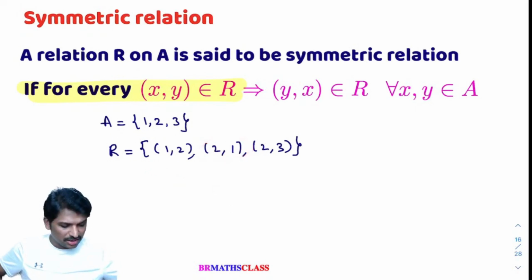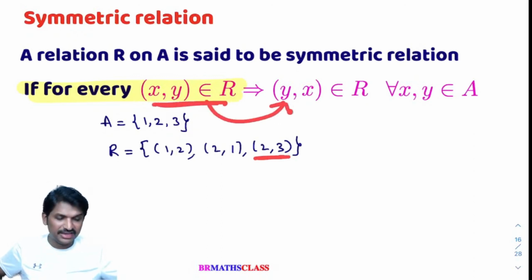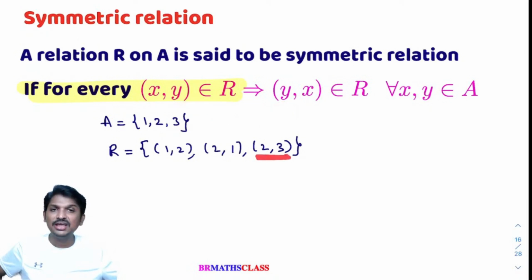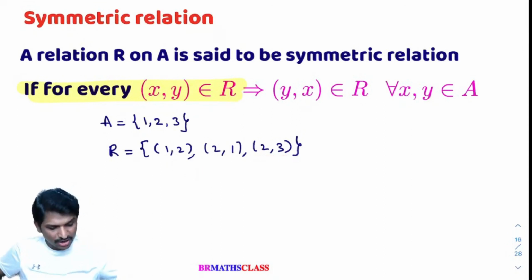Now look at the third element, (2, 3). When (x, y) belongs to R, (y, x) must belong to the relation. Here (2, 3) is in this relation. I am asking whether (3, 2) is in this relation. Check it. No, (3, 2) is not there. Therefore, this relation is not symmetric.